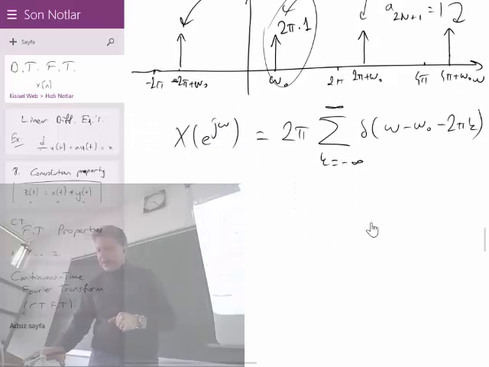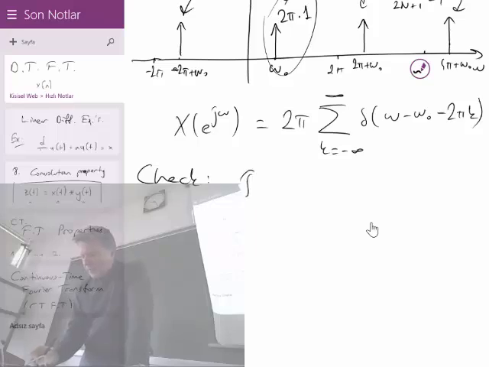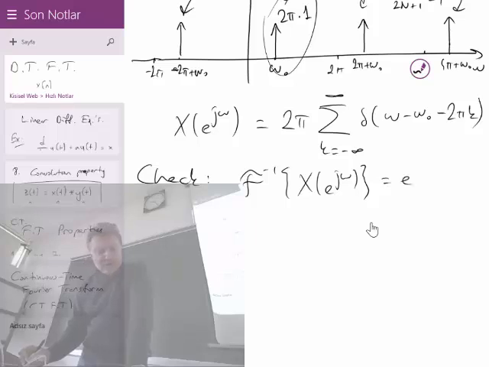Now, a nice verification, it's a check, we can say, is the inverse Fourier transform of this Fourier transform equal to e to the j omega 0 n. These checks will also constitute some examples for the inverse Fourier transform questions, because it's not only the Fourier transforms that I may ask.